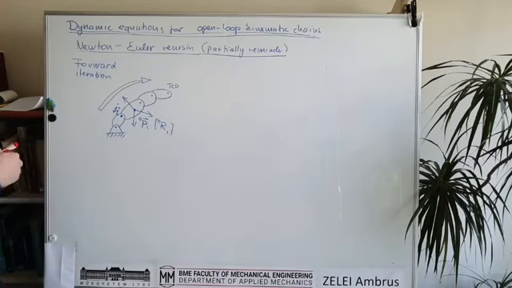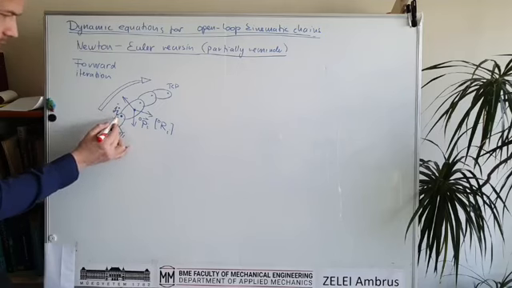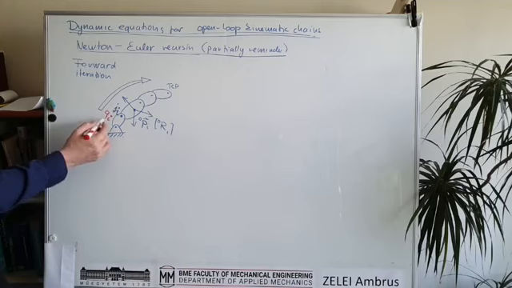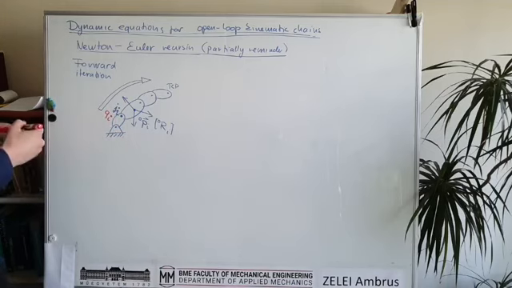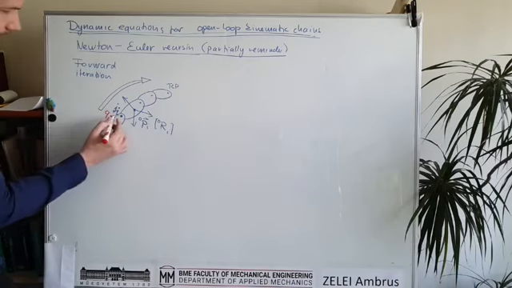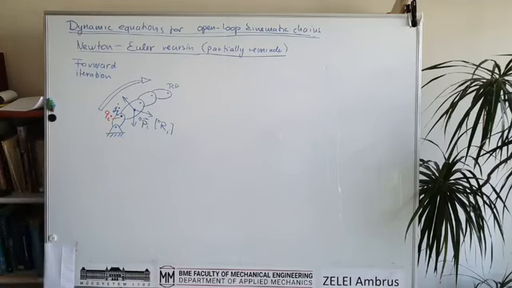We can show here that Qi, a joint coordinate, is related to joint I. They are always connected. So this is the forward iteration.